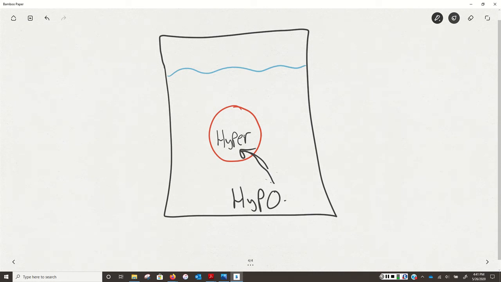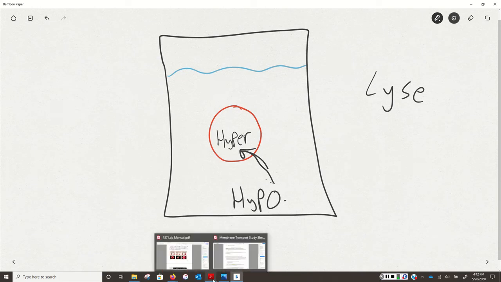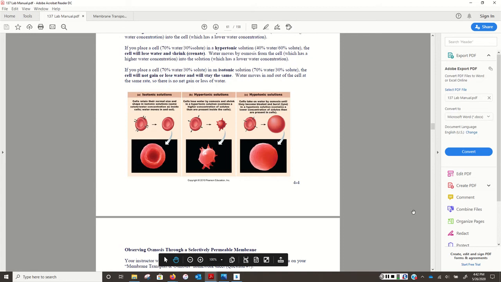The cell is going to swell up like a balloon. And if it swells up enough, just like a water balloon that's overfilled, what's going to happen? It's going to burst. We say it's going to lyse. Lyse means to rip apart or to break. So, this kind of thing can be really important if you are ever going to be giving an IV to somebody.